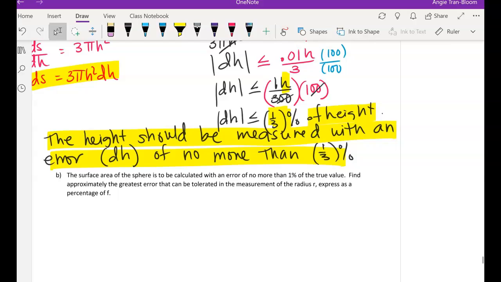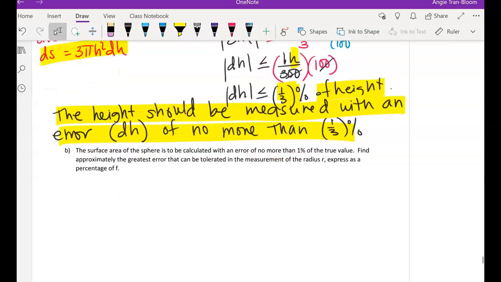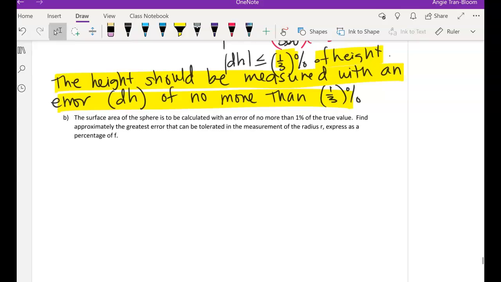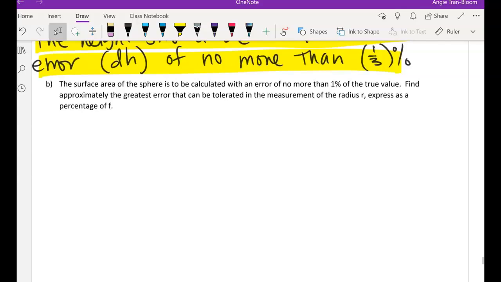Last problem of chapter 4. The surface area of the sphere is to be calculated with an error of no more than 1% of its true value. Again, this darn no more than 1%. So I would need a surface area.